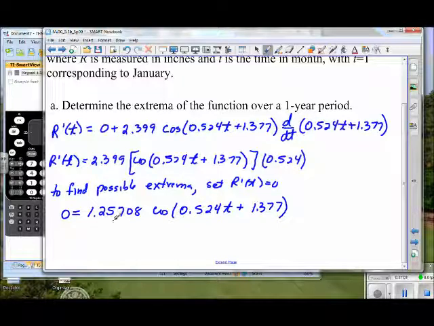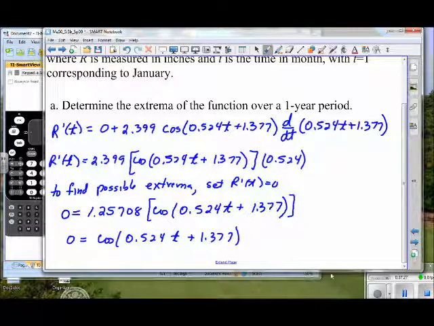I could have this factor wrong, and still come up with the same value, because if this product, and we'll put this in brackets here so we can really see it, is 0, then the only one that could possibly help me out is the cosine part of it. So 0 equals cosine of 0.524t plus 1.377.